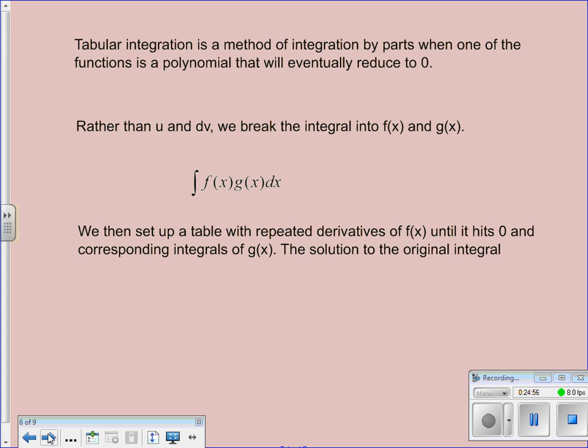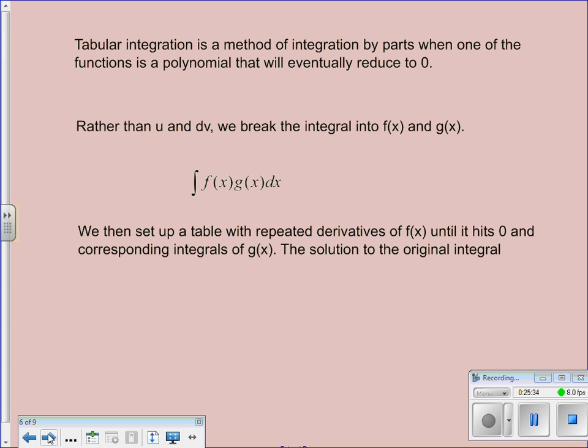Let's say on that first problem, instead of x cosine x, we had x to the 5th cosine x. Then you're going to have x to the 4th, and you're going to have to do it again, because you'll have the integral of x to the 4th sine x, and then you have to do UV on that integral, and again, and again. You have to do a UV substitution every time until the polynomial finally goes away.